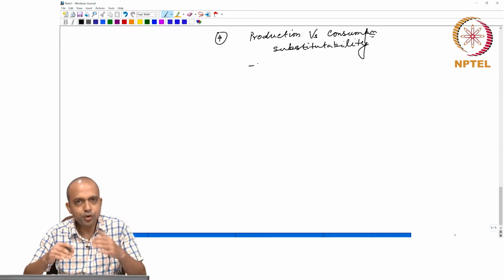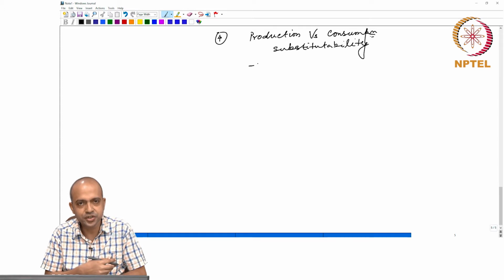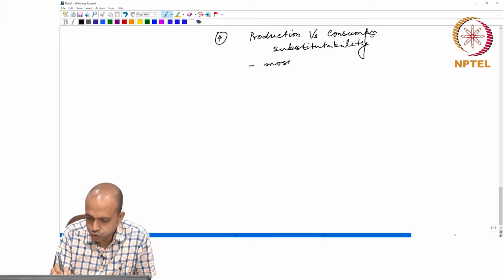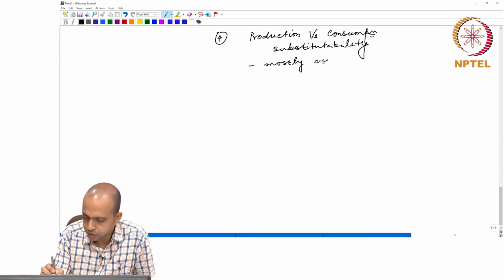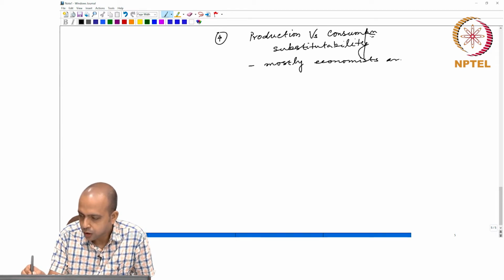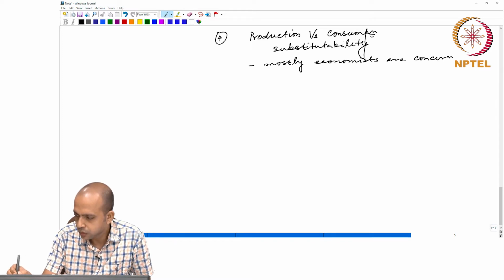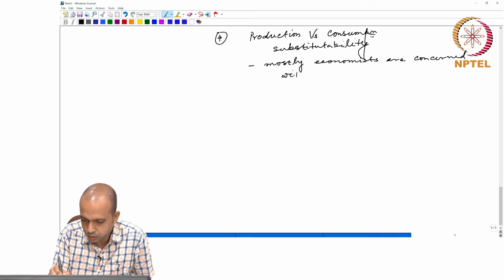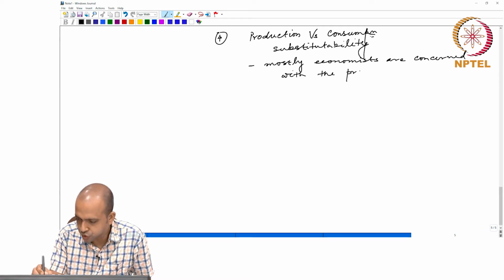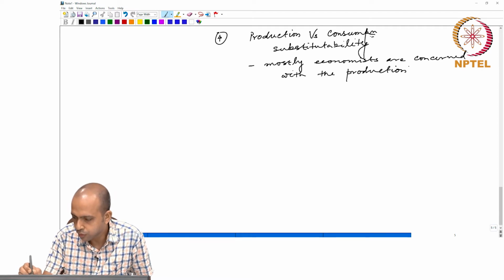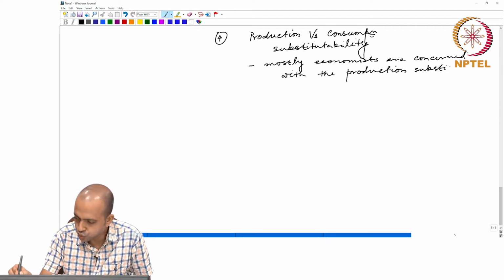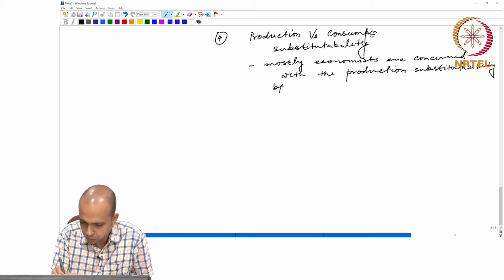What is this? When we talk about substitution, when we try to measure the elasticity of substitution, mostly economists are concerned with the production substitutability between Km and Kn.